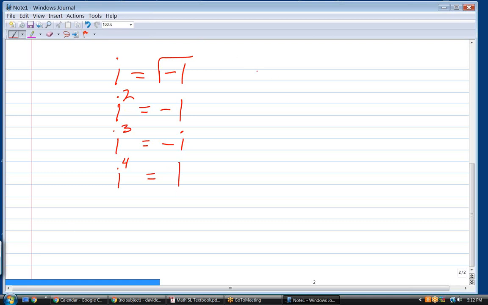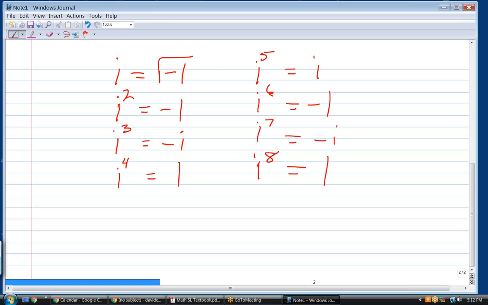Okay, now it repeats. Every 4 times it repeats. So I to the 7th is the same as I to the 3rd. I to the 8th is the same as I to the 4th. So that's merely equal to I. That's equal to negative 1. That's equal to negative I.